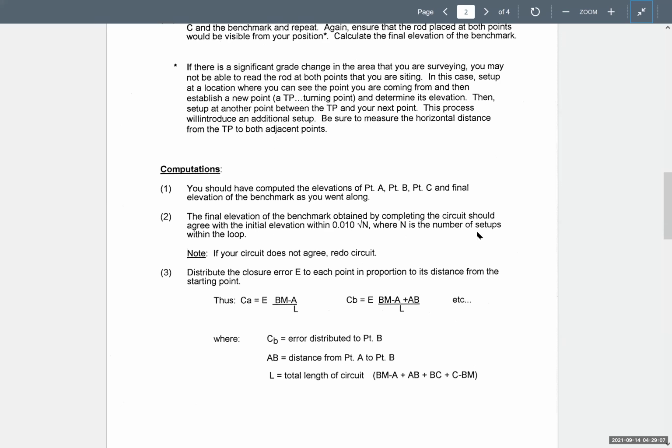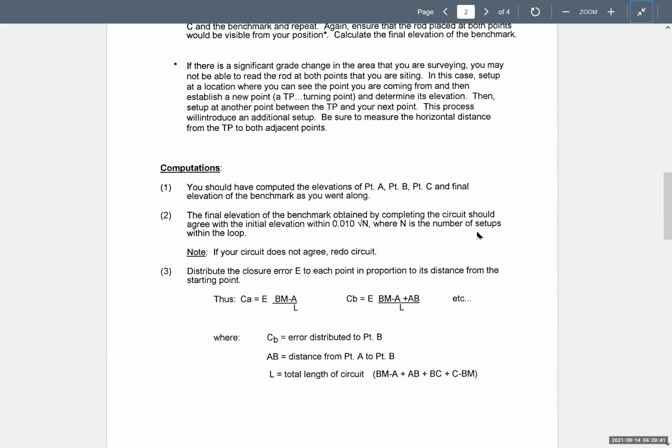So in a case where we have, let's say, 3 setups, what is the error we're allowing? 0.010 radical 3, right? What's that turn out to be? And this is in feet. 0.017 feet. So that's the allowable error you have.